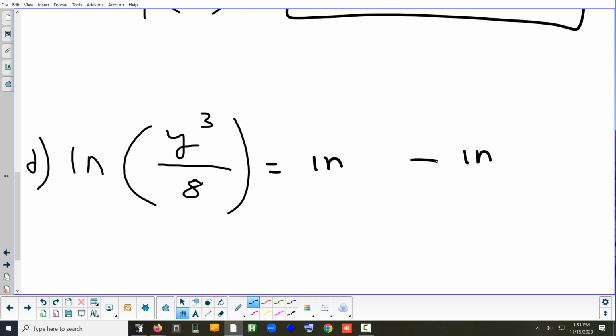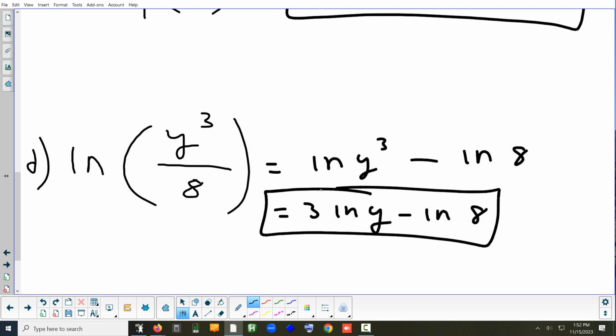What's your first argument? Y to the third. We have to fix that, but you can do it in 2 steps if you want. And then your second argument? 8. And to get the final answer, what do we need to do with the 3? Bring the exponent to the front. Okay. Any question on that?